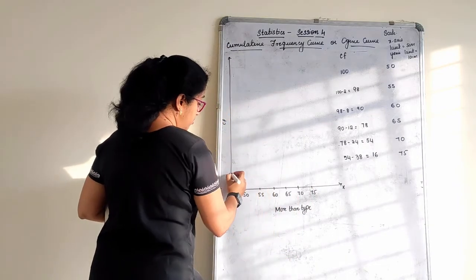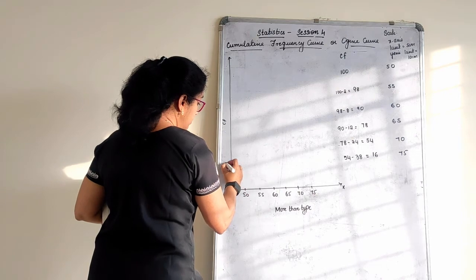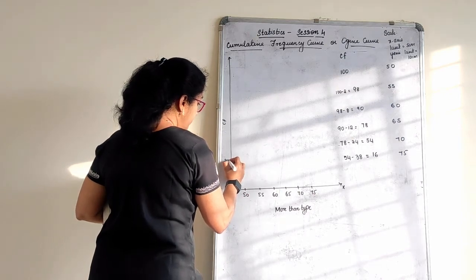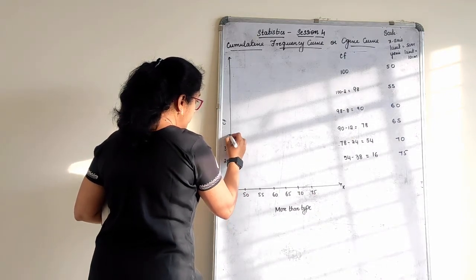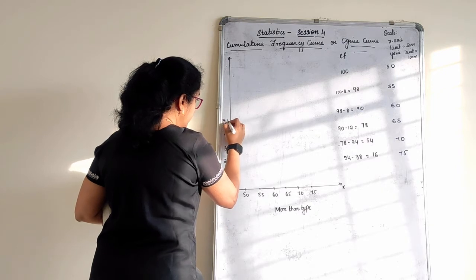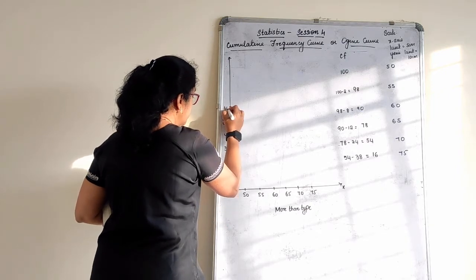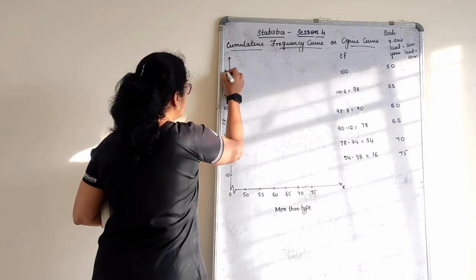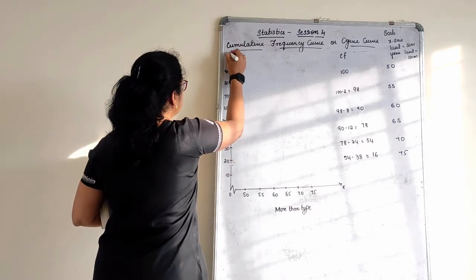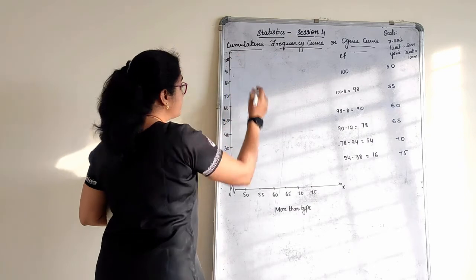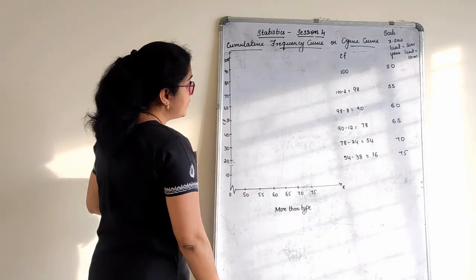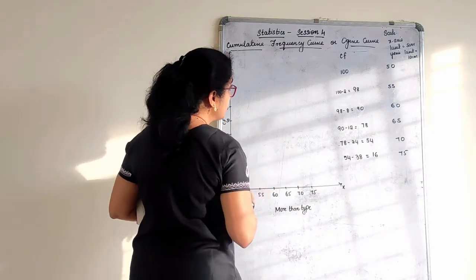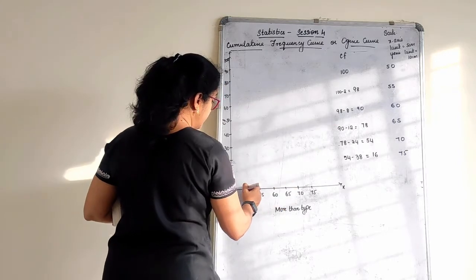Okay, so 10, 20, 30, 40, 50, 60, 70, 80, 90, 100. For the first score, for 50, it is 100 directly.